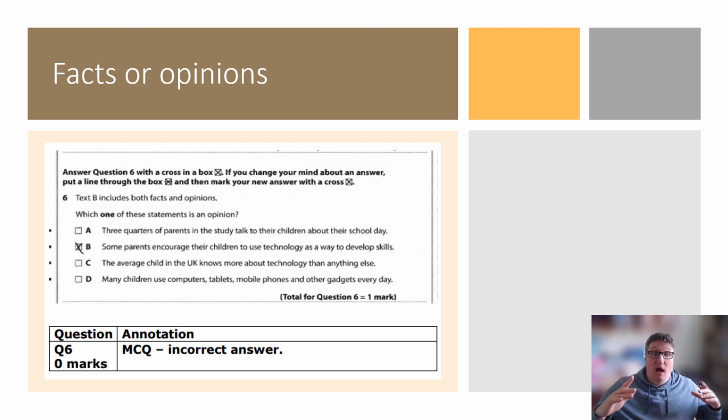Anyway, fact and opinion. Your question 6 will ask you about facts and opinions. And once again, you probably don't need to survey the text particularly heavily. What you need to do is look at the quotes that are given. 3/4 of parents in the study talk to their children about their school day.